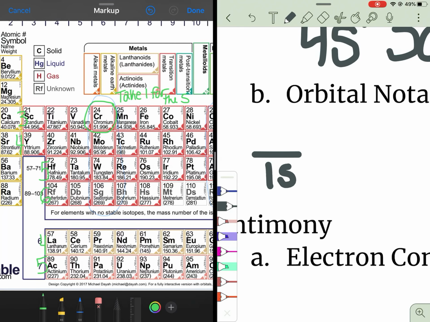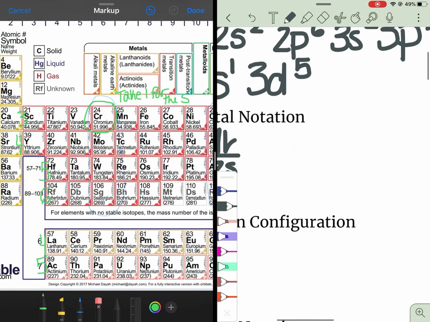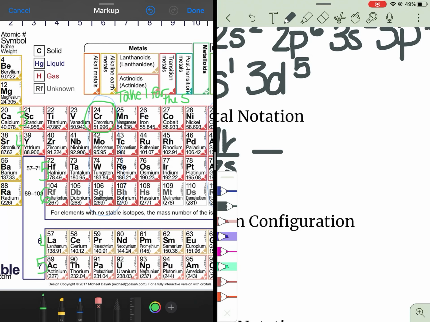A lot of you try to put all the electrons on the smallest amount of lines. They're not going to do that. They're going to want to fill each empty seat just like on the bus.